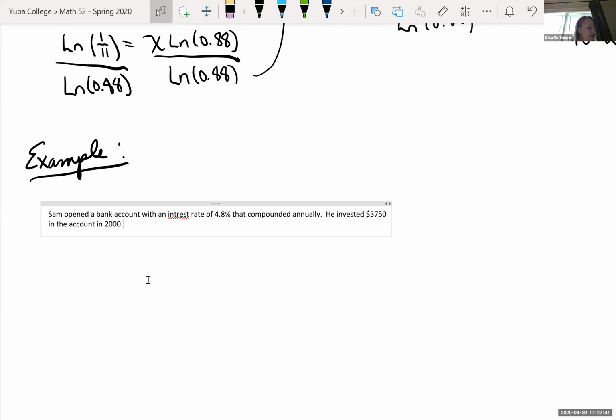Oops. But he had to make a withdrawal from his account in 2007 in the amount of $1,250.